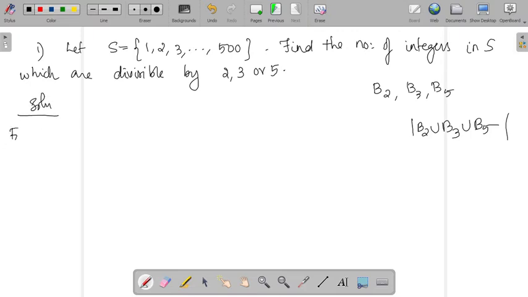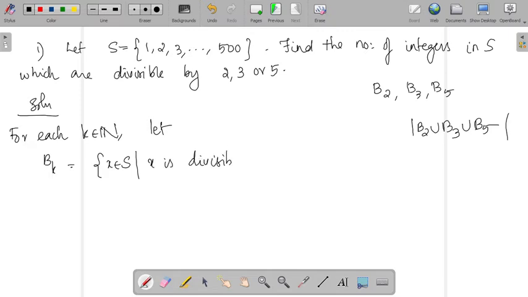So for each k belongs to N, let Bk be the set of all x belongs to S such that x is divisible by k. So we have the sets B2, B3 and B5.